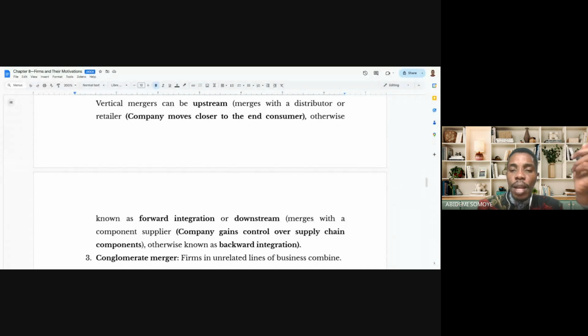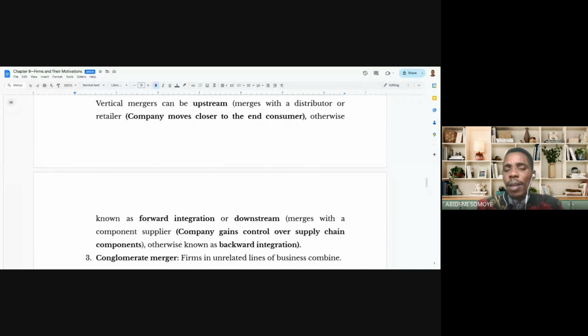You can also have downstream mergers with a component supplier. So if a firm merges with another component supplier, their major aim is to gain control over the supply chain components. They want to be able to control the process of production.